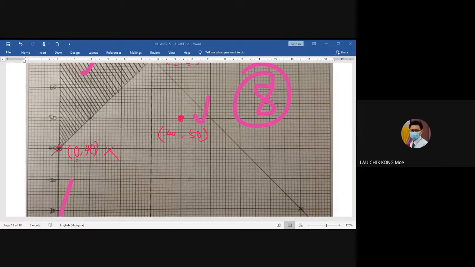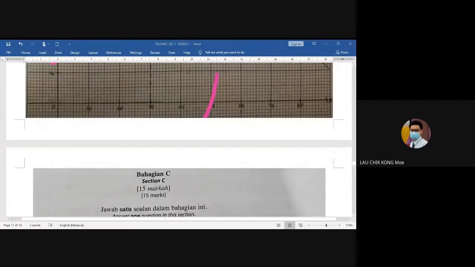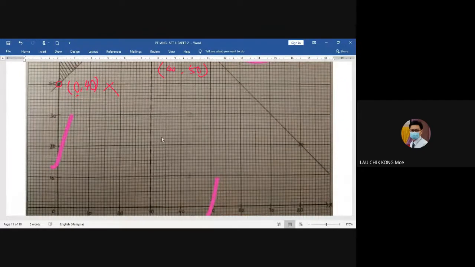Okay, so maybe you can write down. You write down, I have no space to write, okay. 40, 50 are outside the shaded region. This is for part D, shaded region. Okay, outside the shaded region.